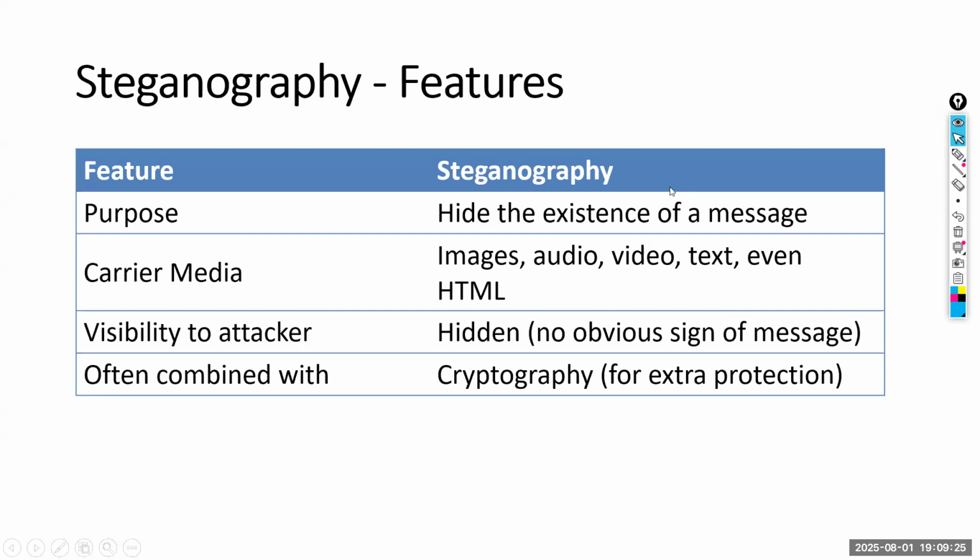Right. So these are the features of steganography. The purpose is to hide the existence of a message. Therefore we can carry it through images, audio, video, maybe inside text also, where those characters are mixed with a valid, human readable text. So the idea is to hide your message from the possible attackers.